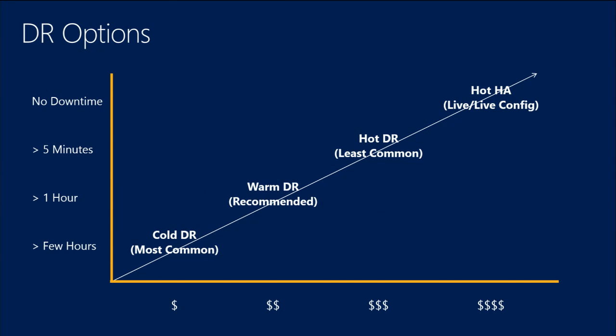If I want high availability, which is a live kind of configuration, then I want something that is already there, it's running, it's replicated. I can fall back from one to the other and the customer wouldn't even notice. This has cost impacts.